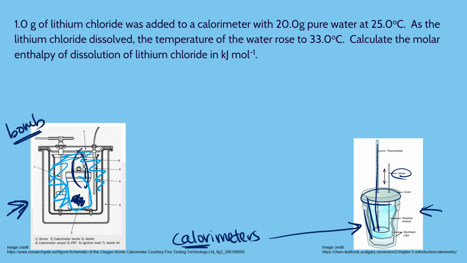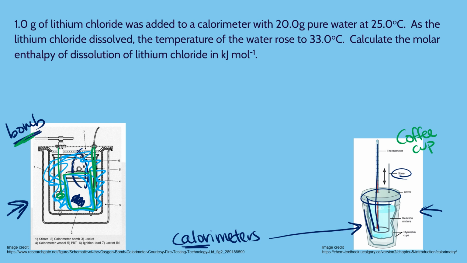And so there's lots of water here, and then this water is going to absorb the energy from the inner chamber, and we have a thermometer that is going to measure the temperature change of the water that is absorbing energy from our chamber. And again, we're going to have our stir just to make sure that we don't have hot pockets or cold pockets. We want to measure the average temperature of the whole entire solution surrounding the chamber. So bomb calorimeter, coffee cup calorimeter.